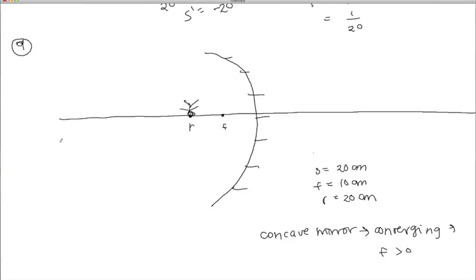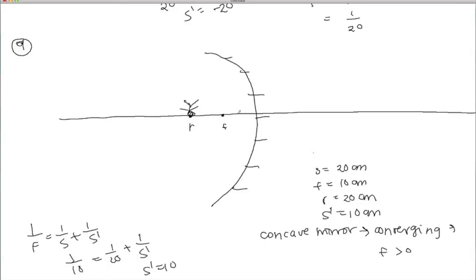And then 1 over F equals 1 over S plus 1 over S prime. 1 over 10 equals 1 over 20 plus 1 over S prime. So S prime equals 10. That means our image is here. Whoops, slow down. Let me think about this for a second.